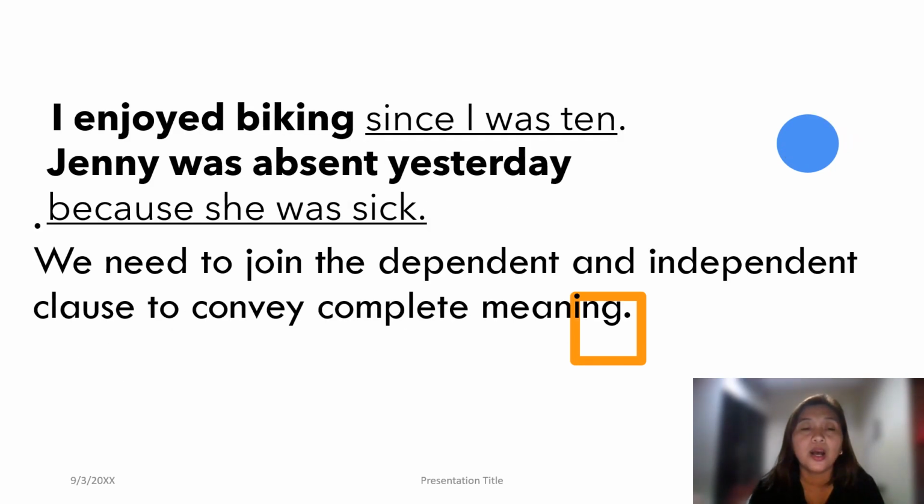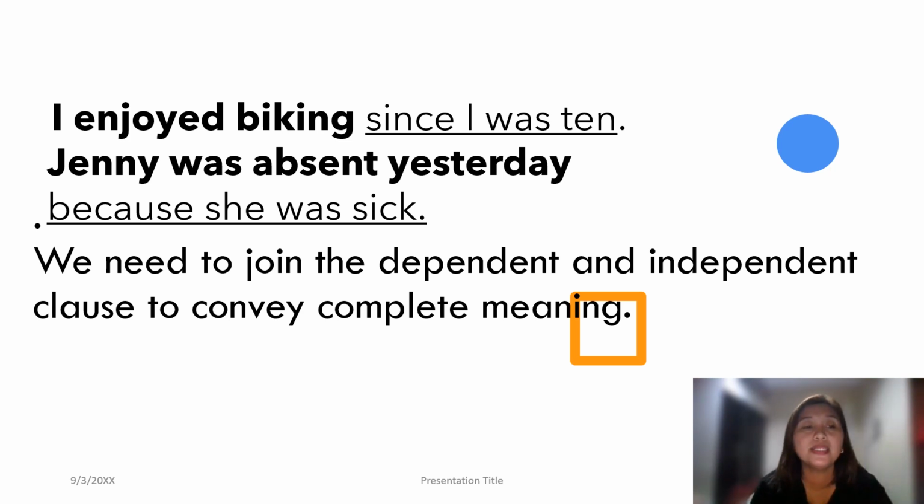Then always remember that we need dependent clause and independent clause to join together so that it will convey a complete meaning. Just like this example. I enjoyed biking since I was 10. See, we combine the independent clause and then the dependent clause to make a complete sentence.